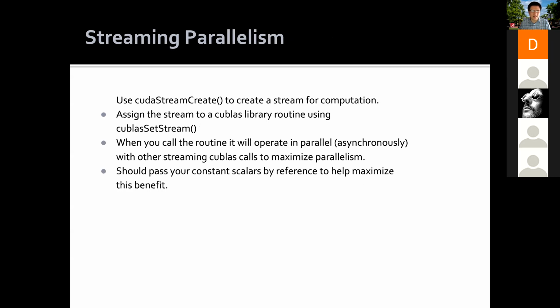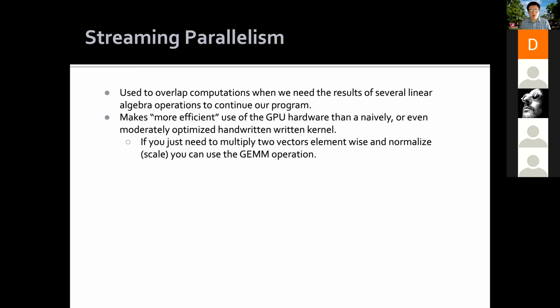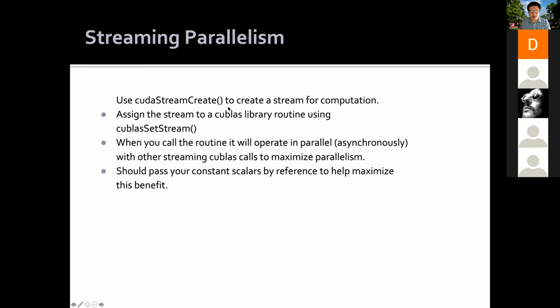This is a fancy technique. I don't think you need it, but you should think about every time you execute a kernel in CUDA, how to make the kernel execution like a streaming style. CUDA provides some functions, for example cudaStreamCreate. You can create a stream of computation, right?